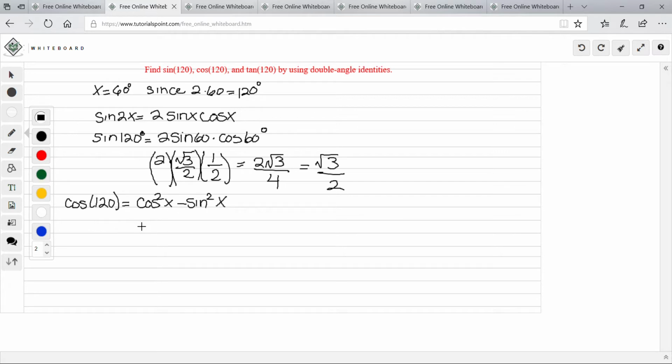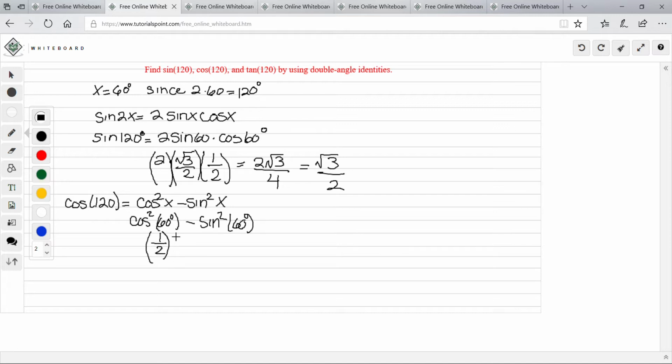So cosine square of 60 degrees minus sine square of 60 degrees. Cosine of 60 degrees is 1/2, and make sure we square it.